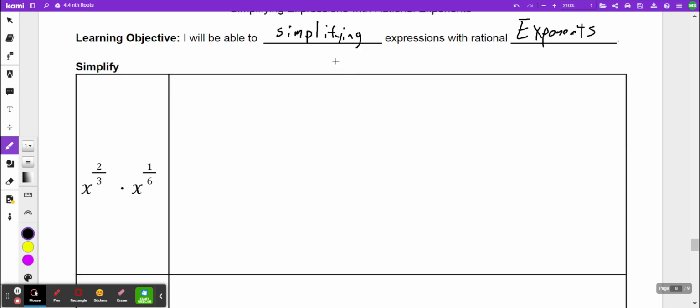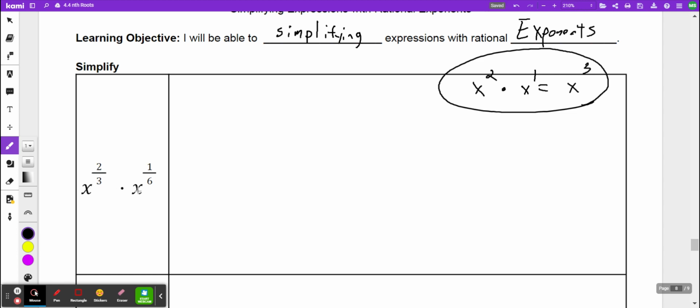Remember, if we had x squared times x to the first, that's equal to x to the third. That's important. So if I have x to the 2/3 times x to the 1/6, that's really equal to x to the 2/3 plus 1/6.